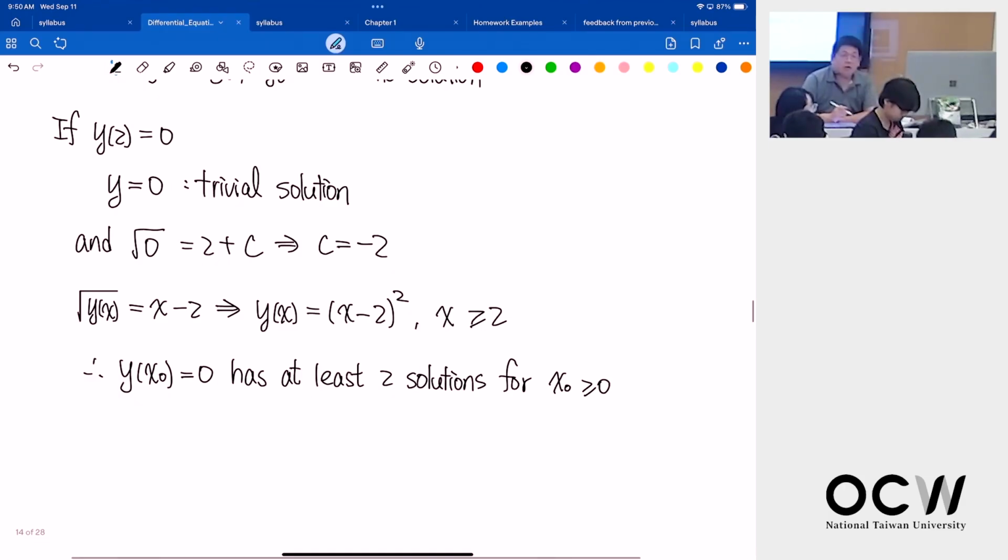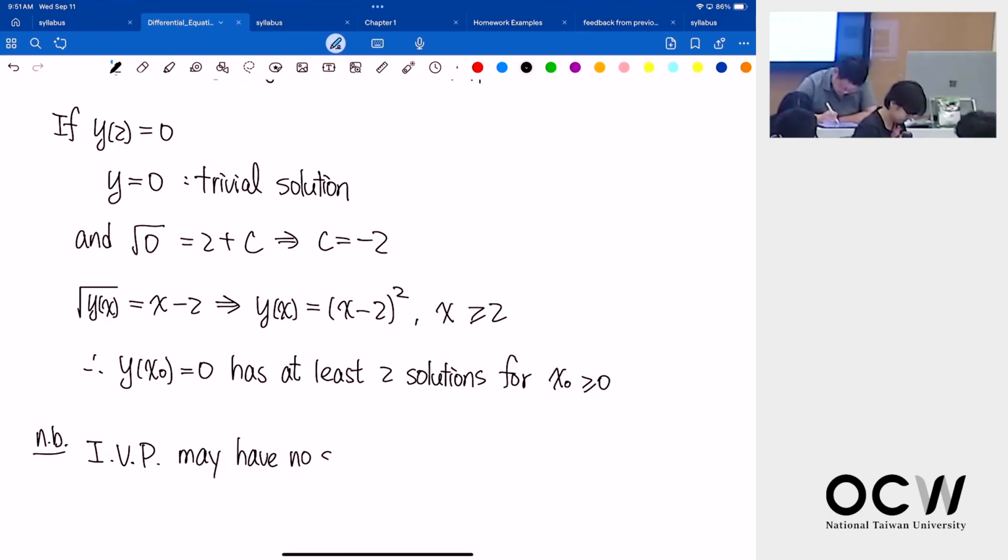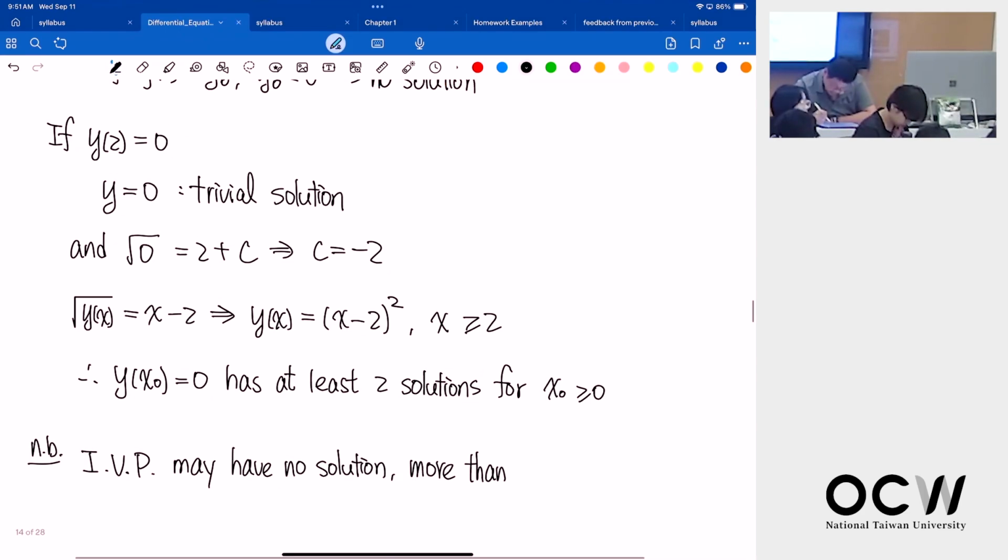So without the initial condition for this differential equation, we can find a general solution. But once we have an initial condition, the initial value problem may have no solution, or more than 1 solution.